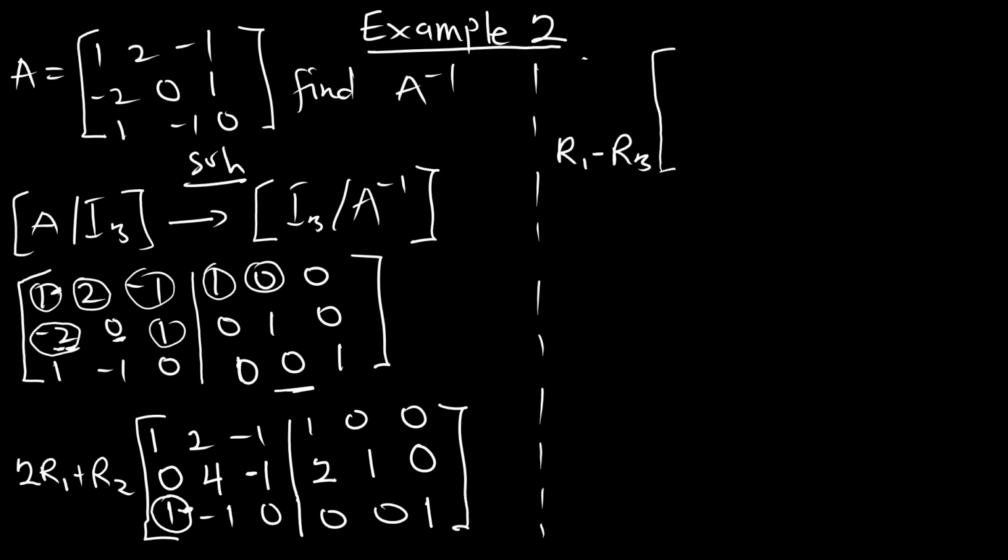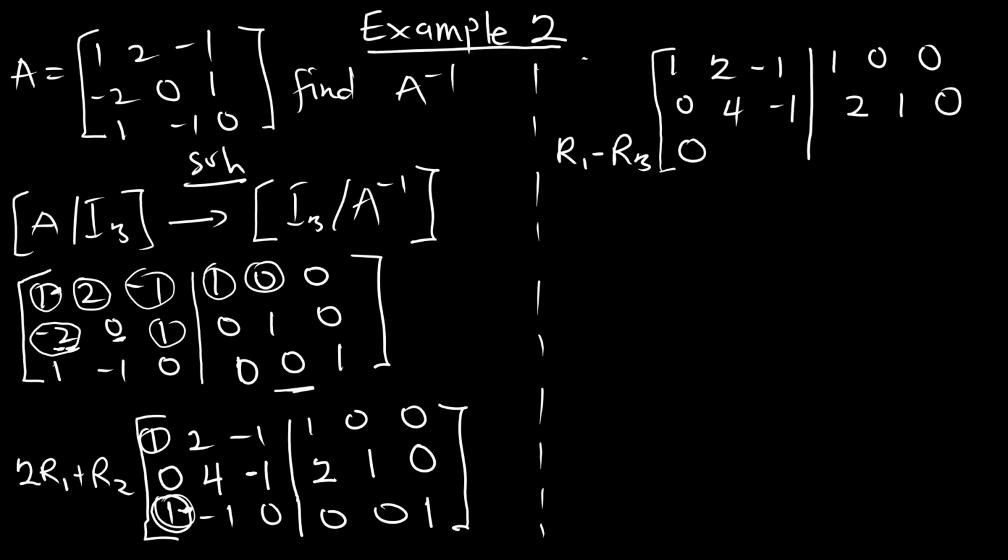Meaning row 1 is going to remain the same: 1, 2, negative 1, 1, 0, 0. Row 2 is going to be the same: 0, 4, negative 1, 2, 1, 0. But row 3 is going to change. So that will be 1 minus 1, that is going to be 0.